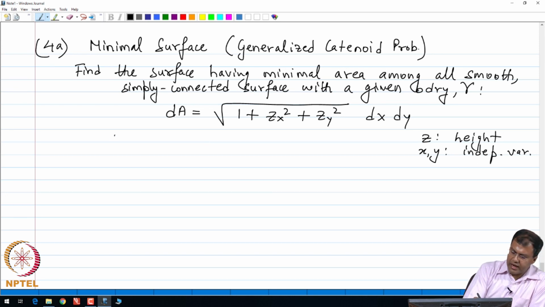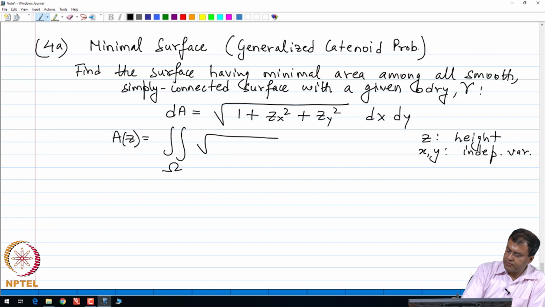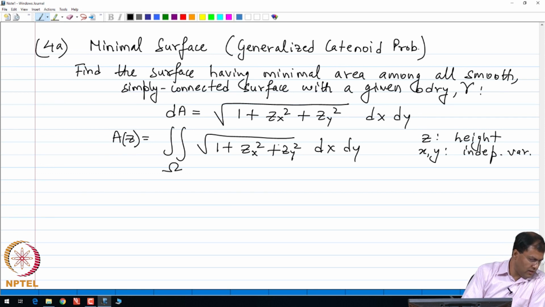So, in this case my area functional A of z turns out to be a double integral over the surface. So, double integral of this area element, square root of 1 plus zx square plus zy square, dx dy. So, we see that in this case the optimization involves a functional of two independent variables x and y, and we will deal with similar class of problems later on.